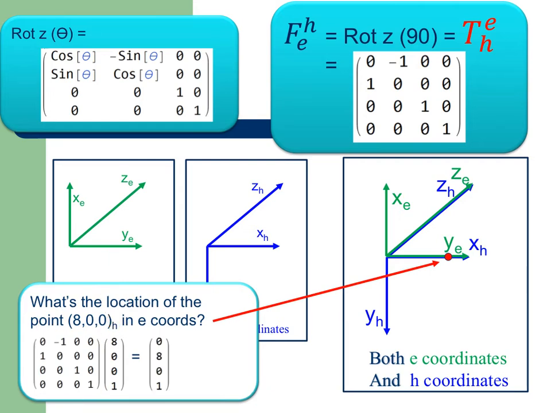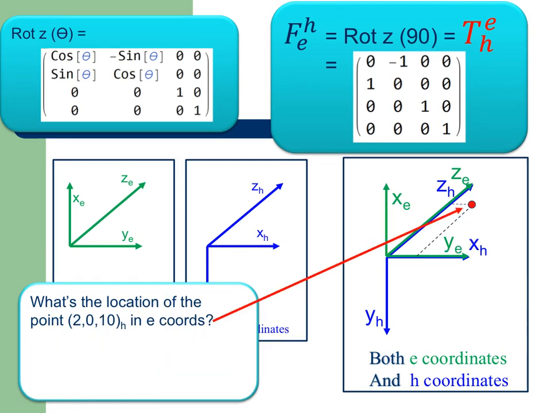And if you do the multiplication, you get this answer. So the question is, is that really its location in E coordinates? So let's see, in E coordinates, the X is 0, and that makes sense because the X of E is 0. The Y in E coordinates is 8, and yep, look at that, Y sub E is this axis, so that would be 8, and we expect the Z to be 0, so actually that looks pretty good. It's not a proof that it works, but it's a nice check.